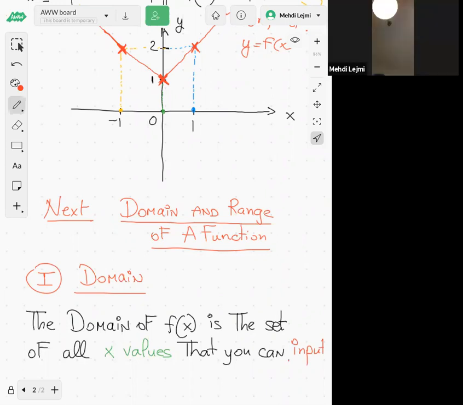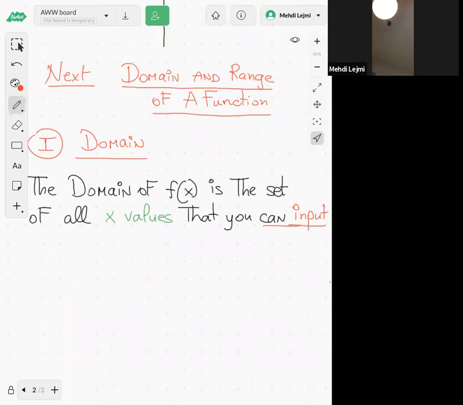So the next question is, how can we find the domain of a function f of x?